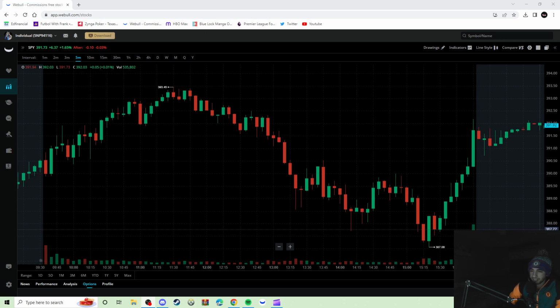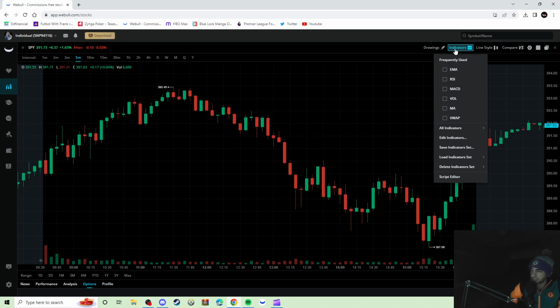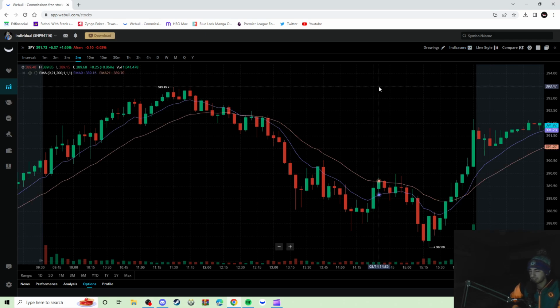I use an indicator, which if you're on Webull, you can see right up here, indicators. I use the EMA indicator, and this is the exponential moving average. I could pretend to explain that I know exactly what that means.